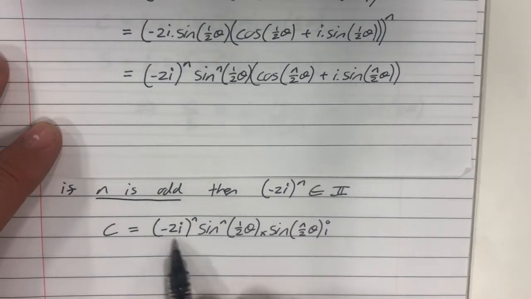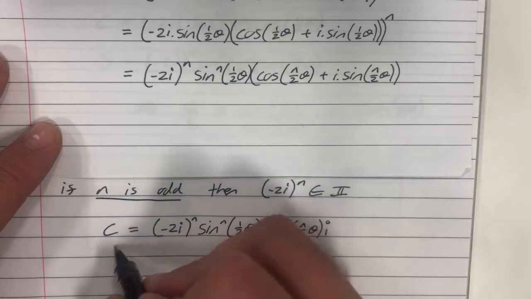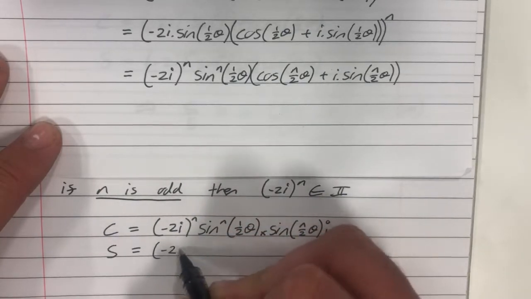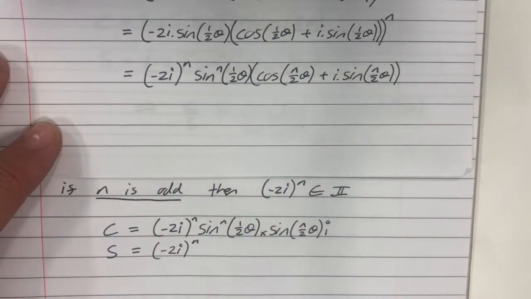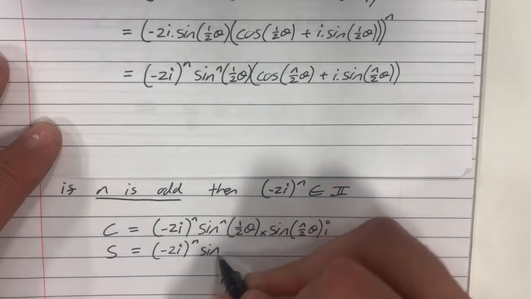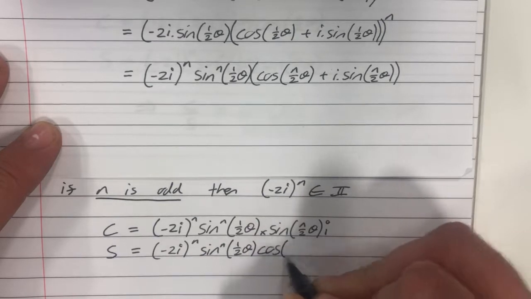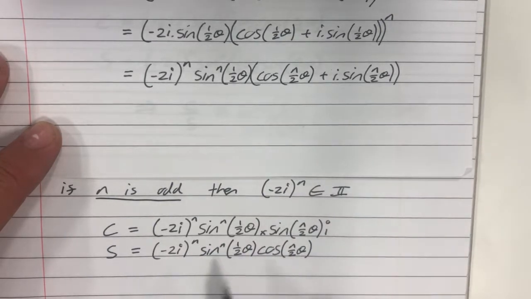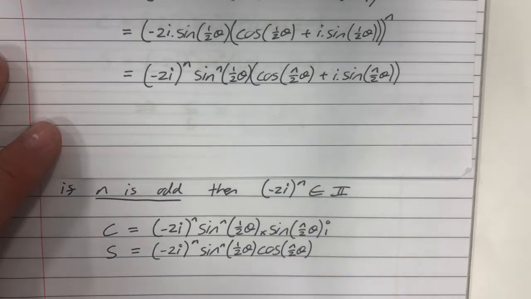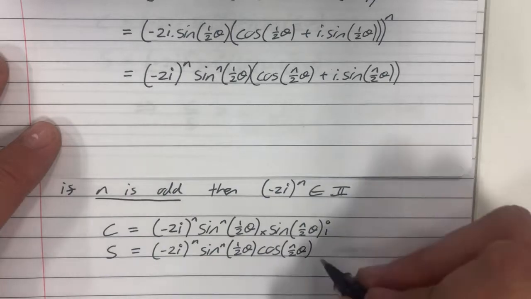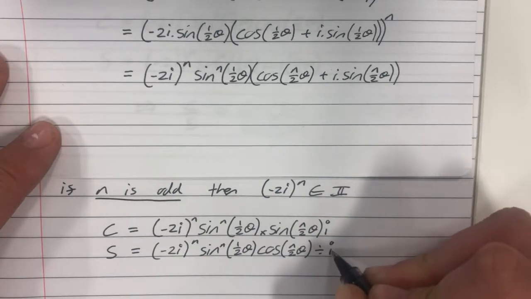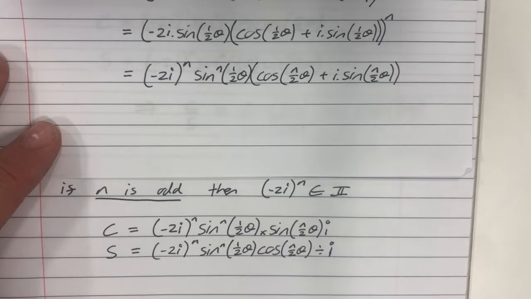Okay, n is odd, therefore this is imaginary, so that is actually real. And S is minus 2i to the n sine to the n of a half theta times cos of n on 2 theta. The problem is this is actually going to be the imaginary part times i, bearing in mind the imaginary part is the part of an expression which multiplies by i, therefore I actually need to divide that by i as a correction. Okay.